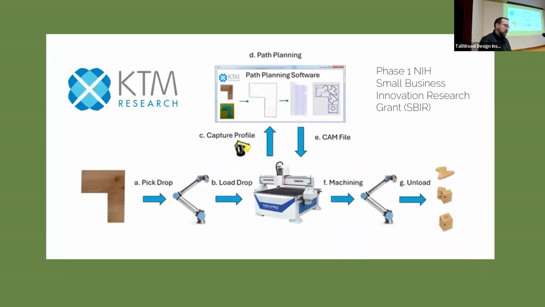With KTM, this was a growth that came out of different conversations. KTM, as Dylan mentioned, is a group of OSU grads, and we actually just hired a grad student assistant from computer science. We've been working with them on a really packaged solution.